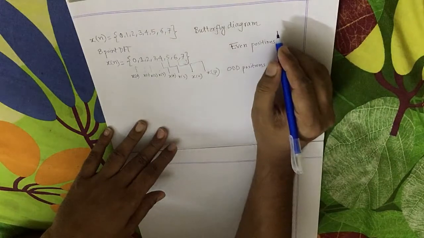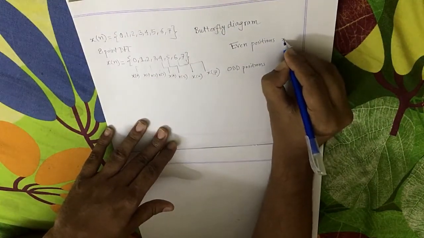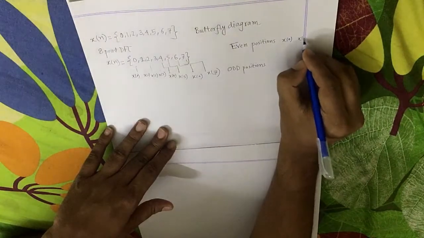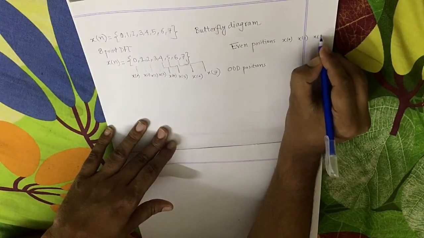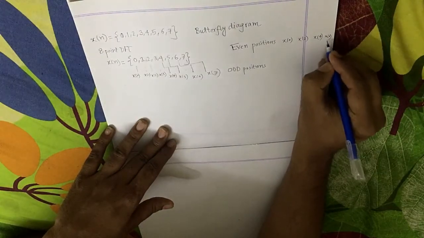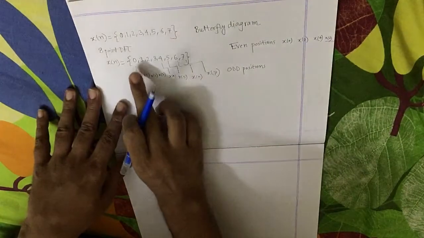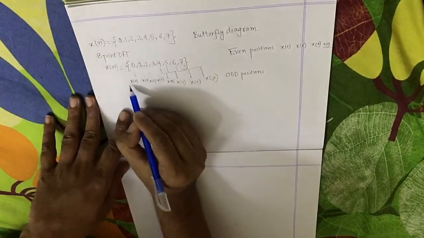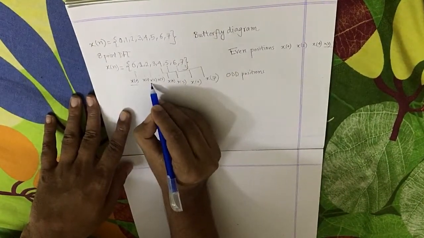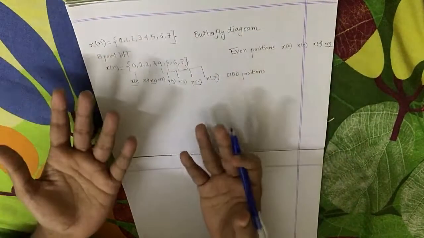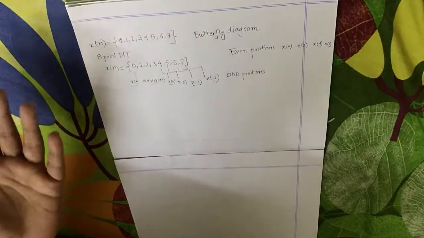So in even positions we have, it starts off with x of 0, then we have x of 2, then we have x of 4, and finally we have x of 6, right? This one is an even position because it's x of 0. Then we have x of 2, x of 4, x of 6. These are the even indexes, or you can say even positions, whatever you call it.